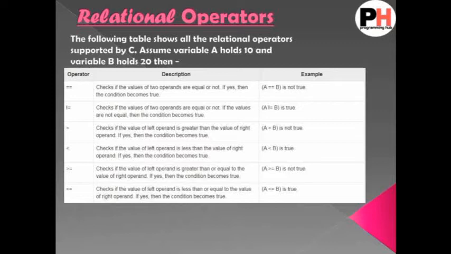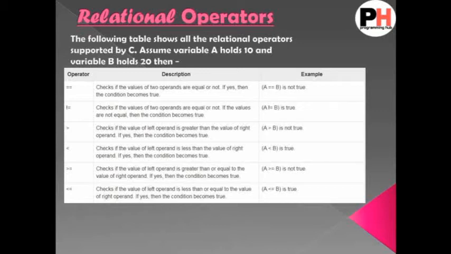And this is not equal to, means A is not equal to B. Second is true, because here we check if the values of the two operands are equal or not. If the values are not equal, then the condition becomes true. So the values are not equal, so this condition is true. Next, if the left operand is greater than the value of the right operand. So it's not true, because 10 is not greater than 20.